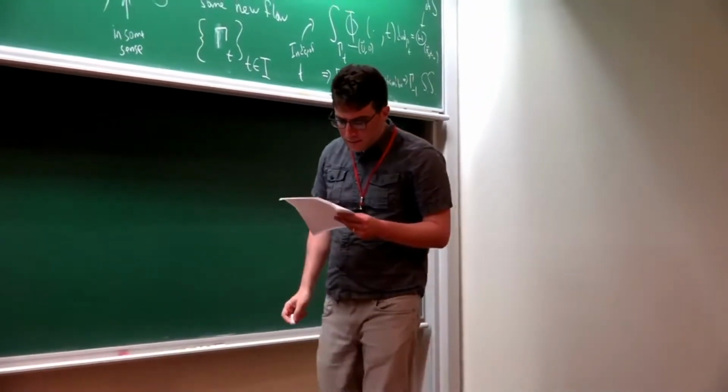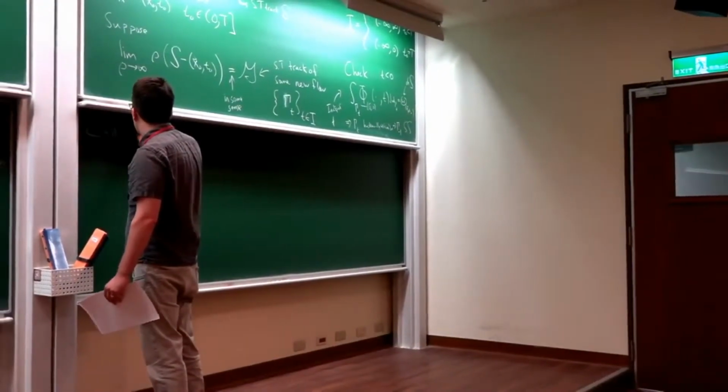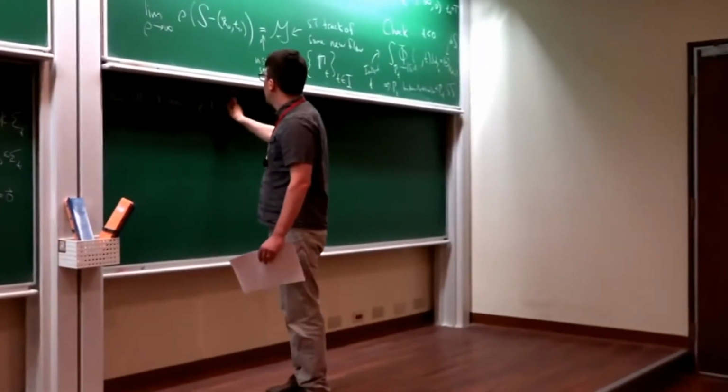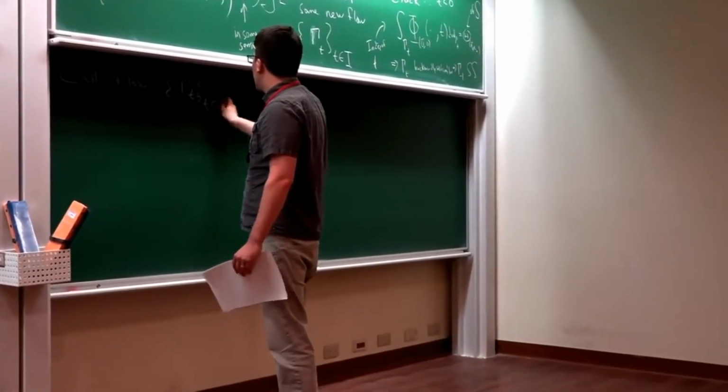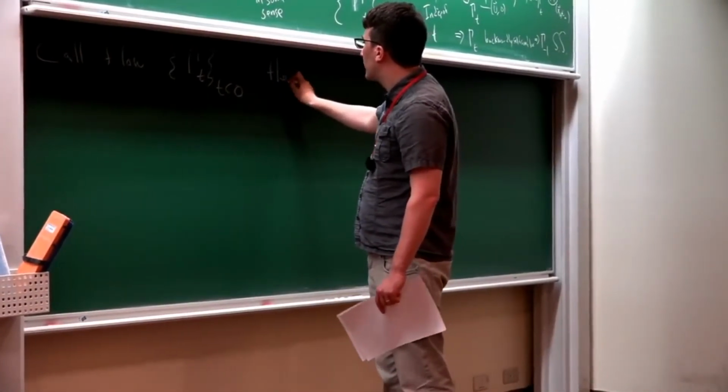So we would call this flow gamma t for t less than 0, we call this flow the tangent flow in this case.